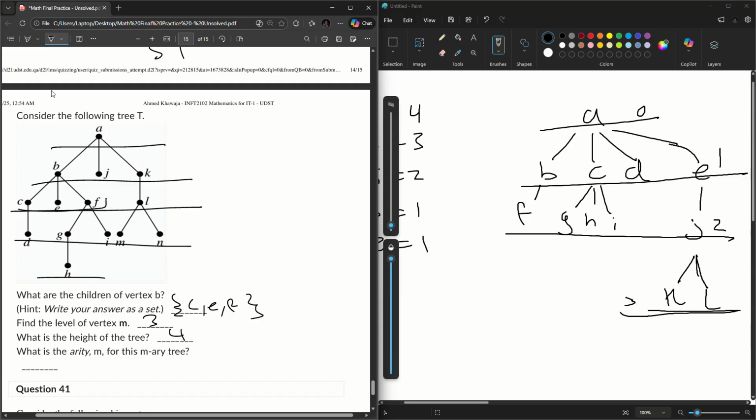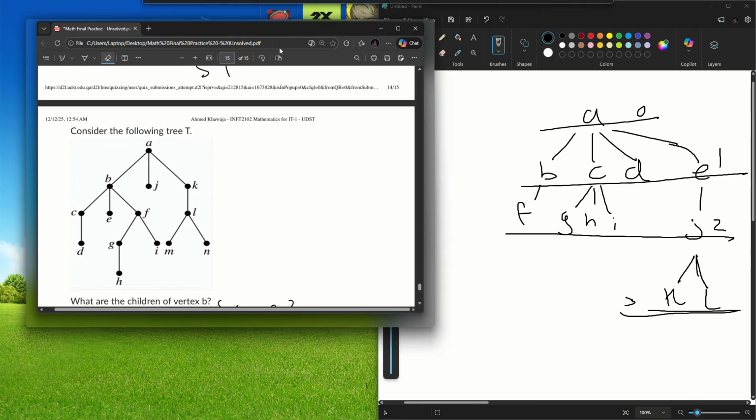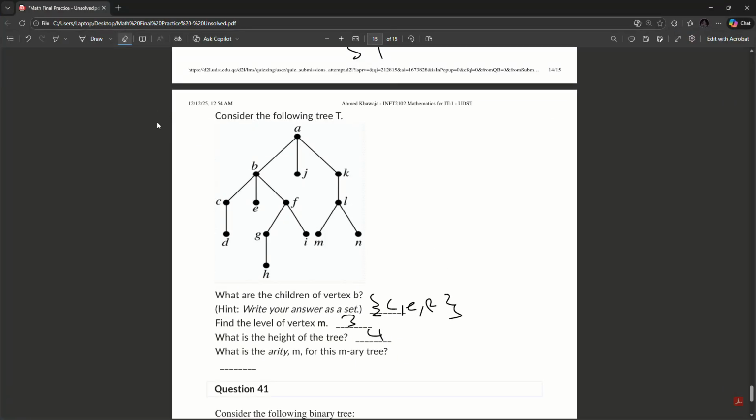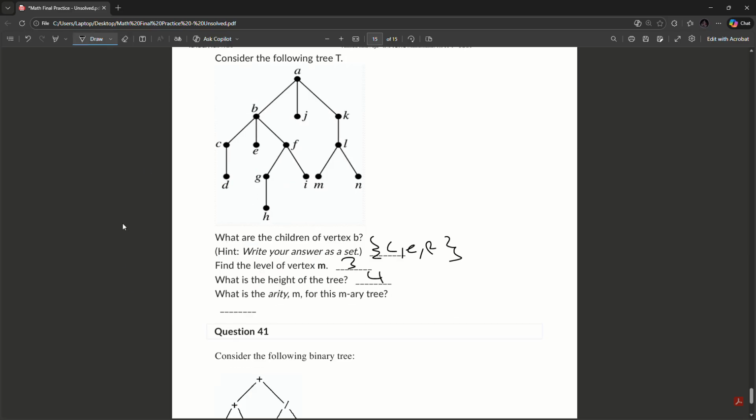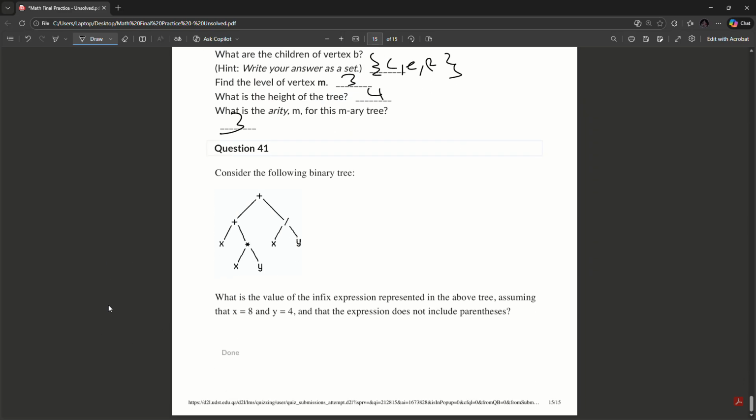I know that because if I go to here, look, there's 1, 2, 3. 3 is the maximum because everything else is either 2 or 1. So it is 3.